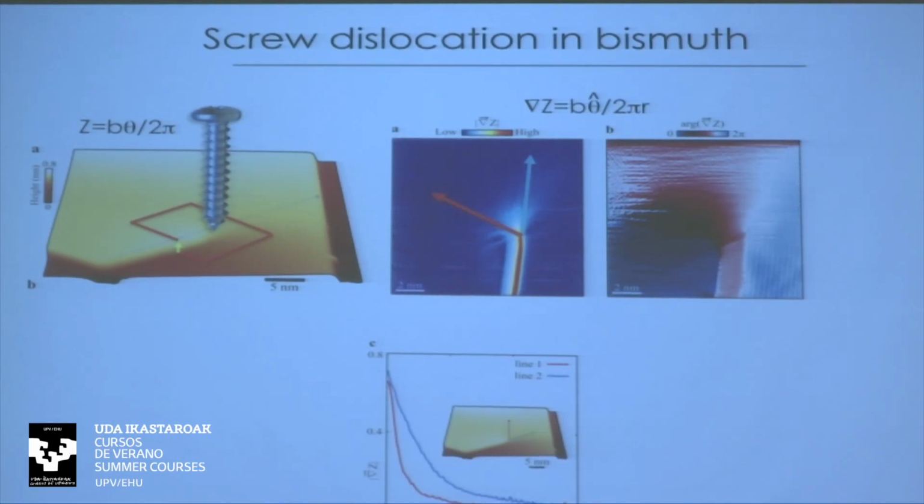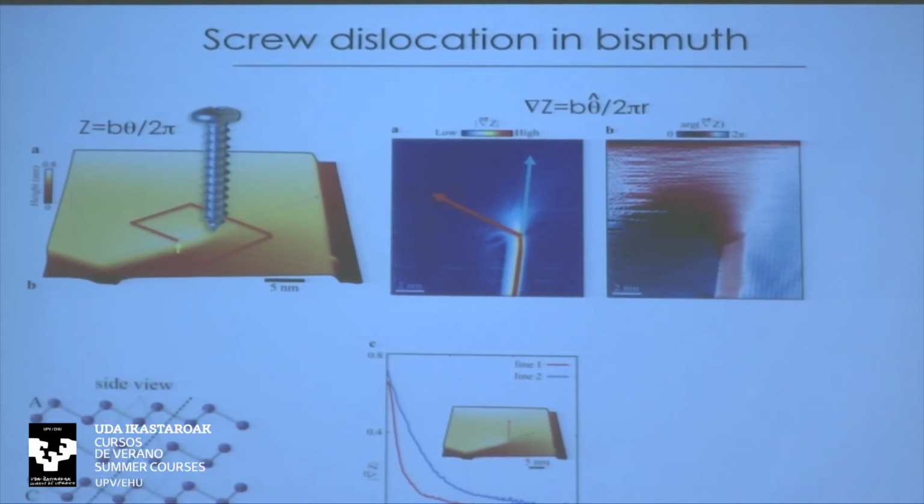For example, at the screw dislocation on copper, they looked perfectly isotropic. But then we also noticed that the crystal structure of bismuth is made out of stacks of bismuth bilayers. However, the stacking is not AAA stacking, but ABC stacking.